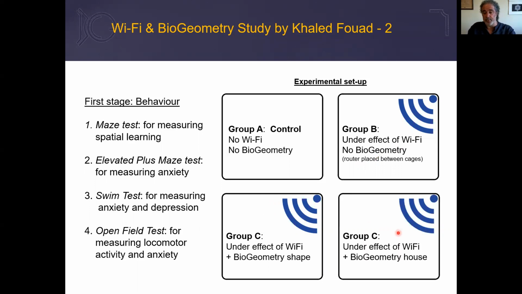And the fourth group, that should be group D, who also had Wi-Fi, but instead of having a shape like the cube, their enclosure in which they were kept all throughout this experimental period was designed with biogeometry principles. Biogeometry principles of design is a very important chapter of biogeometry, and in fact you have an entire lesson dedicated to it, okay? We will see this later.